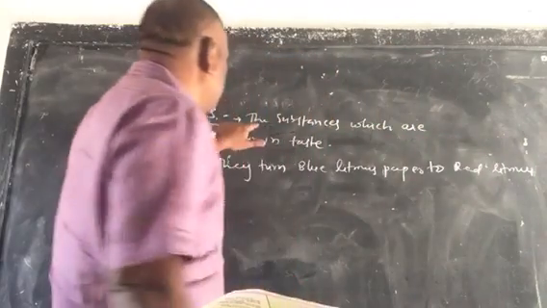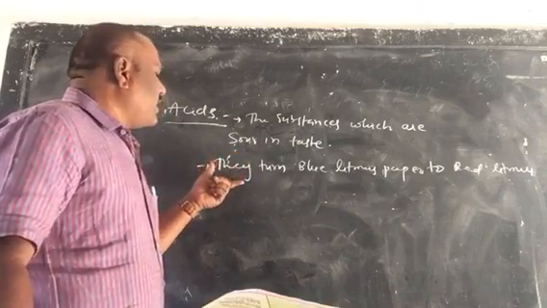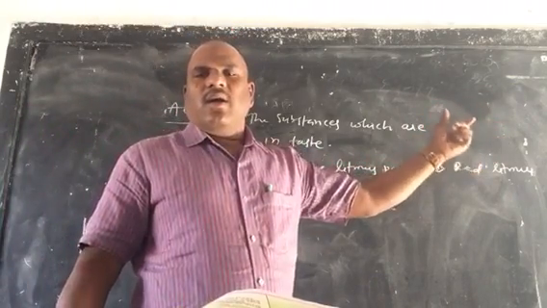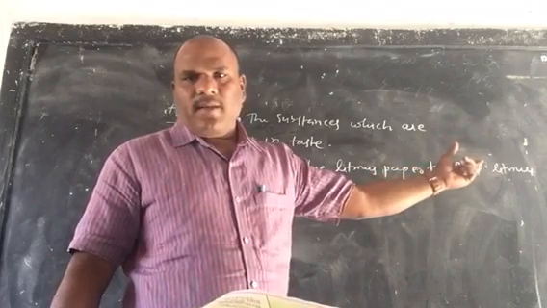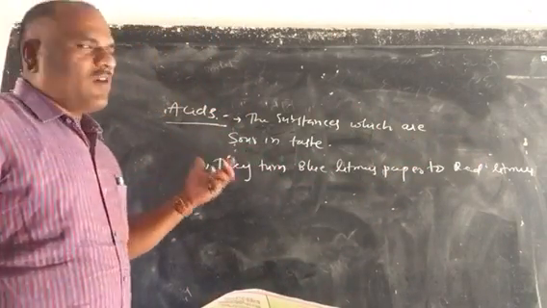Okay, the substances which are sour in taste are called acids, and they turn blue litmus paper into red color. Okay, so let us see how these acids are formed.